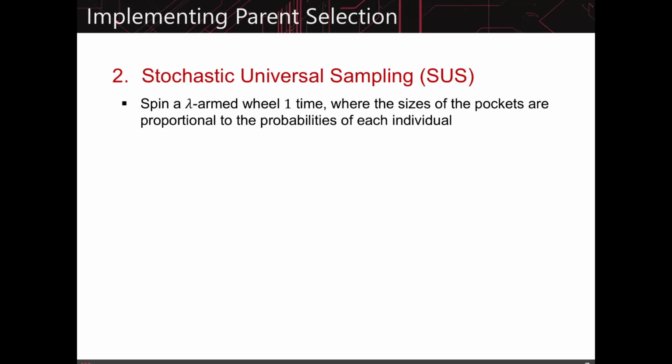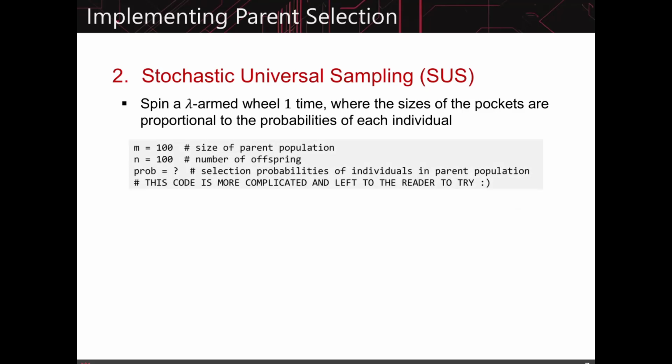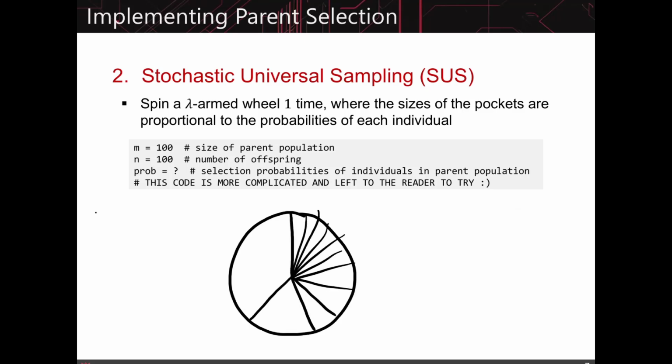SUS. Very similar concept to the roulette wheel, except this time we have a lambda-armed wheel, and we're going to spin that one time. The pockets of the wheel are still proportional to probabilities of each individual. So we have the same kinds of variables, and the probability, again, is coming either from FPS or ranking selection. But let me draw what this diagram looks like.